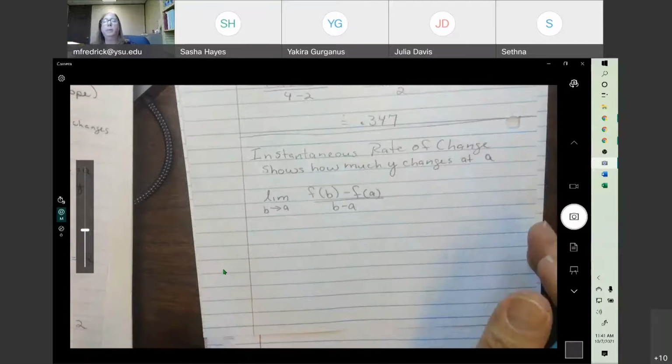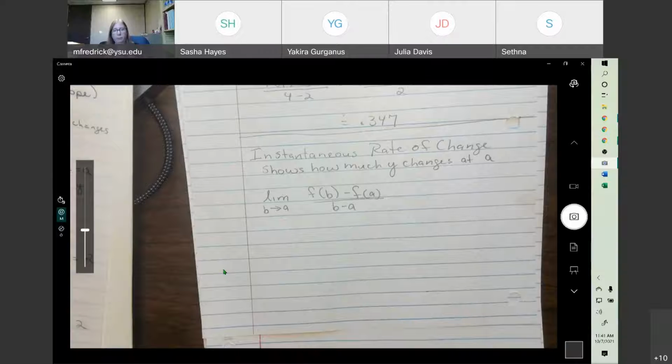Now it looks the same, but we're only going to have an A value. So then we're going to plug it in and we're going to look for the limit.